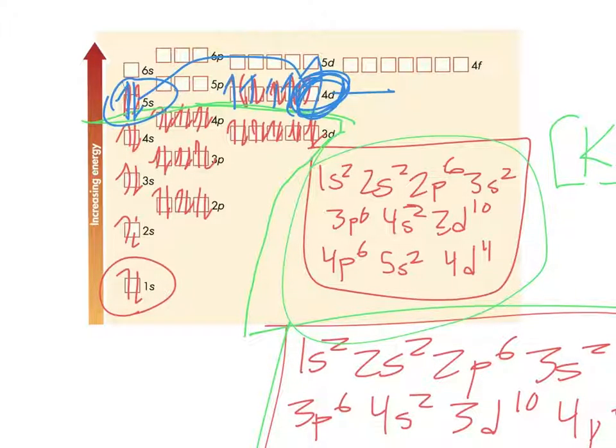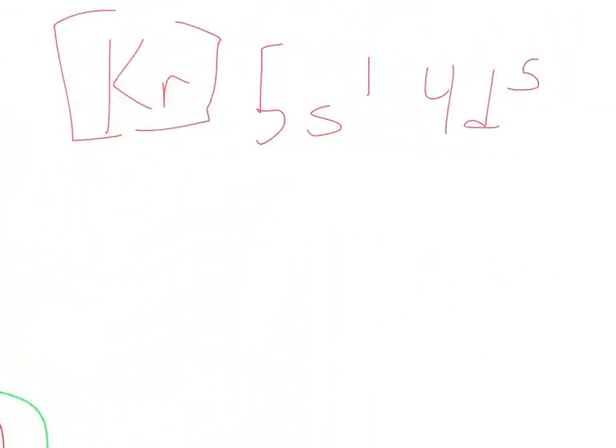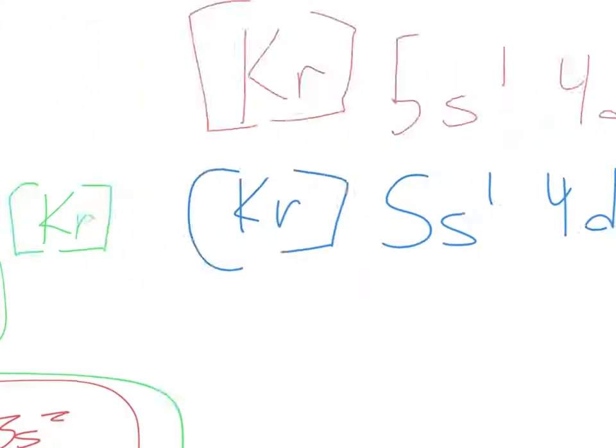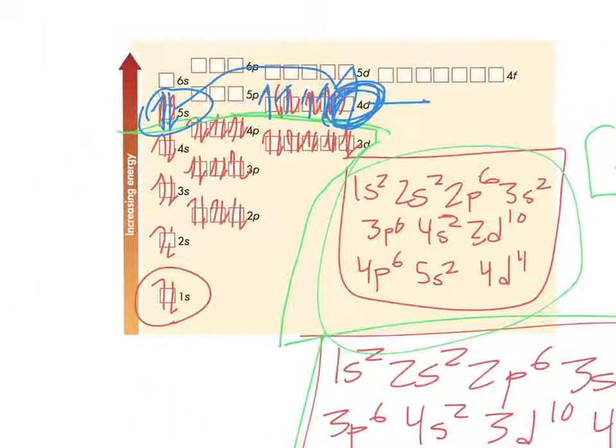And that's the same for silver. So silver would be written like Kr 5s1 4d10, because one of the 5s electrons donates to the 4d so that it becomes a full electron orbital, and the 5s is half full, because half full is more stable than if it was just missing one.